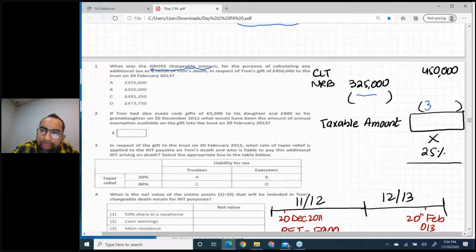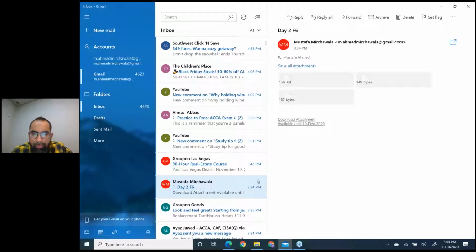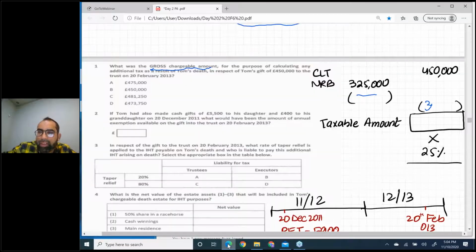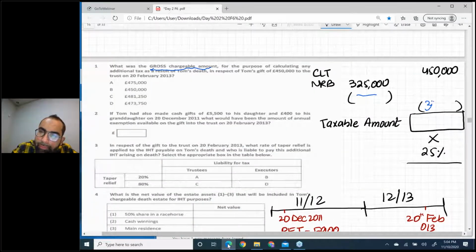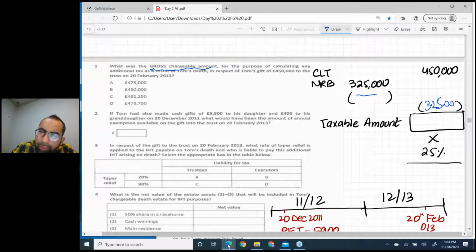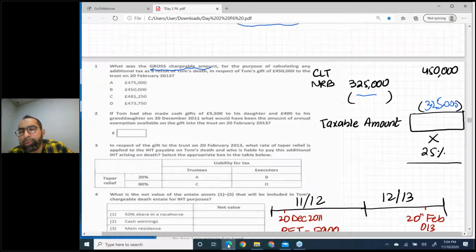You will use the complete 325,000 here. So 450,000 minus 325,000 is 125,000.